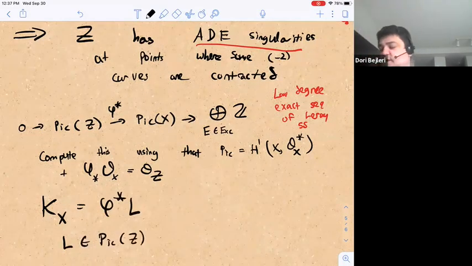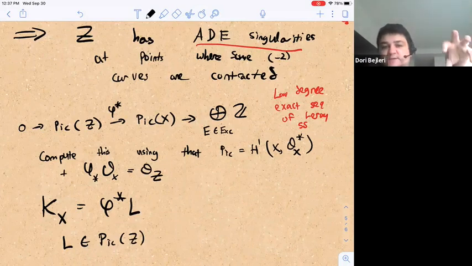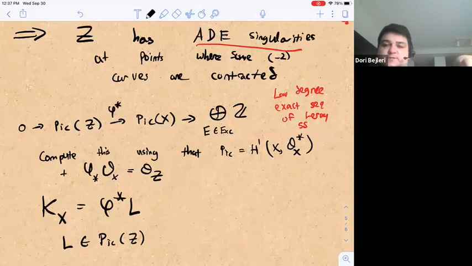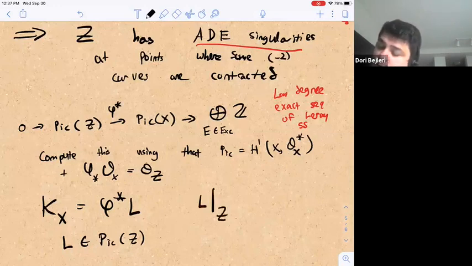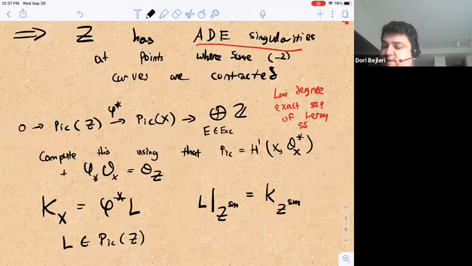But on the other hand, Z has these finite singular points, this discrete set of singular points, and away from those singular points, Z and X are isomorphic. So whatever this line bundle is, it has to be the canonical bundle on the smooth locus, because on the smooth locus everything agrees with X. But Z is normal.